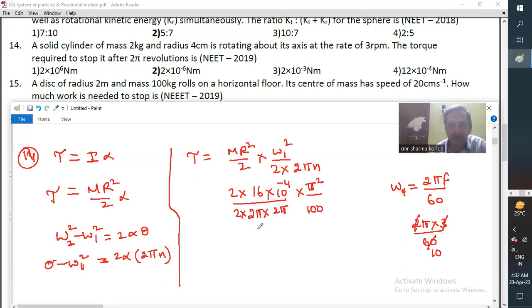Instead of calling it rotations, call it revolutions. So pi square gets cancelled. Then this 2 gets cancelled. This is 4, so this will be 4 by 100. There is one more 2 here, because 3 2s are there.